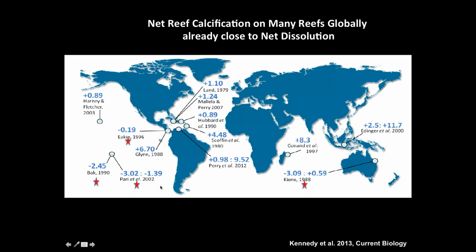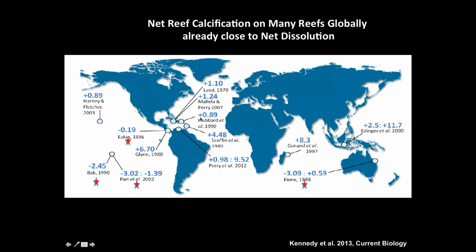And we can see, especially in areas that typically have upwelling, we have regions that are shown with the red stars that already have negative net reef calcification, which means the overall balance is actually negative. So there's more dissolution than there is calcification, and over time these reefs will actually dissolve.